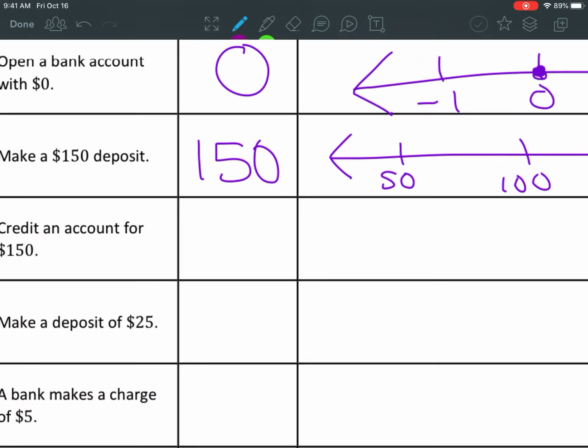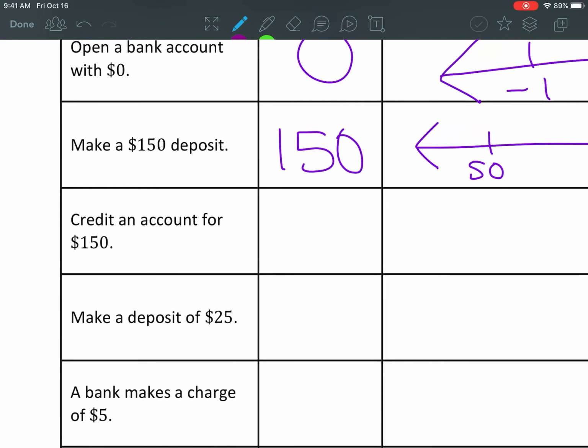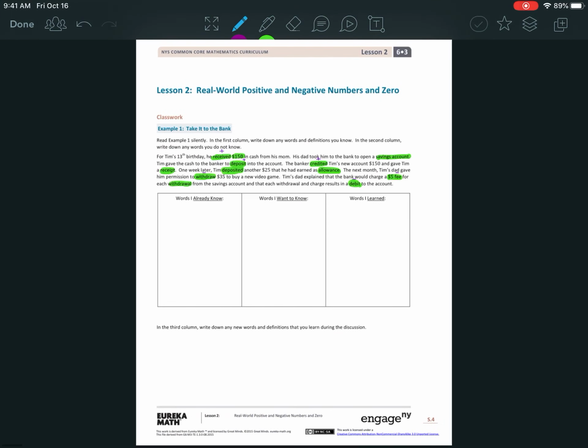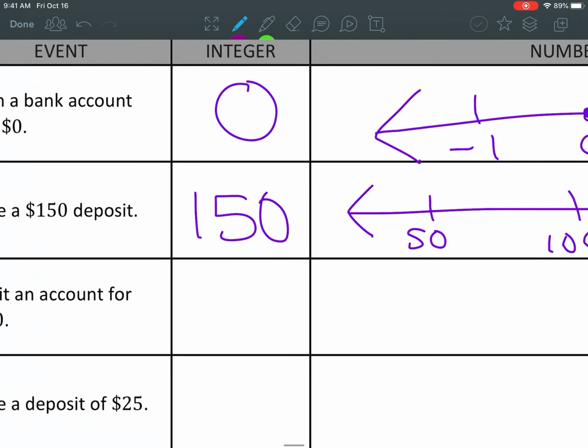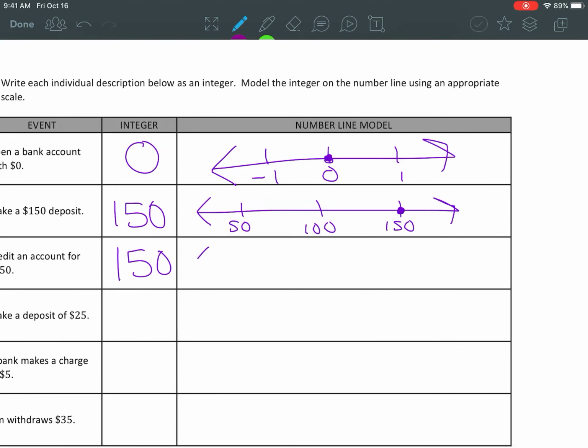Okay, so credit the account. So if we go and look back at the other page, a credit, that was a positive number. So 150, just like we did before. This time, let's count by tens. I'm going to start at 150.